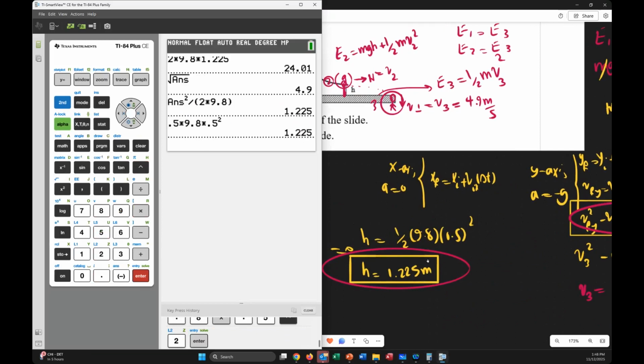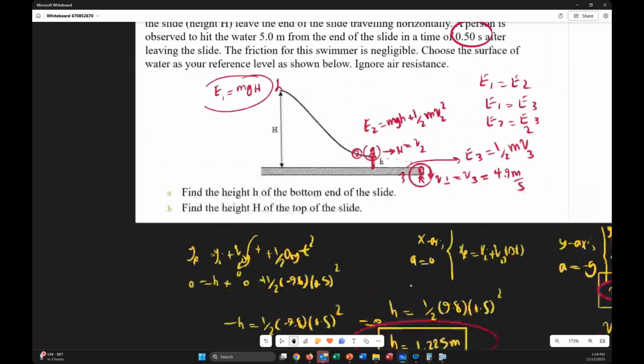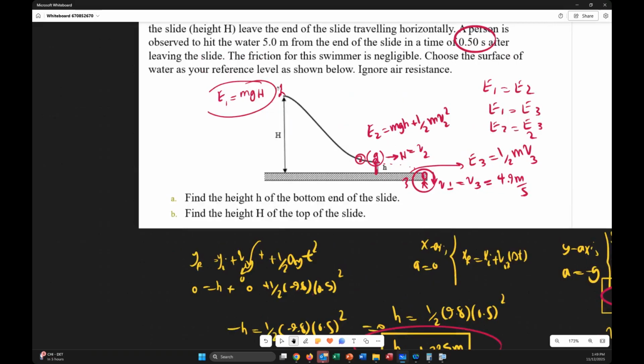No, I'm just calculating this height, the height that we just calculated here. I got 1 point. But we are getting the same answer for the capital H.